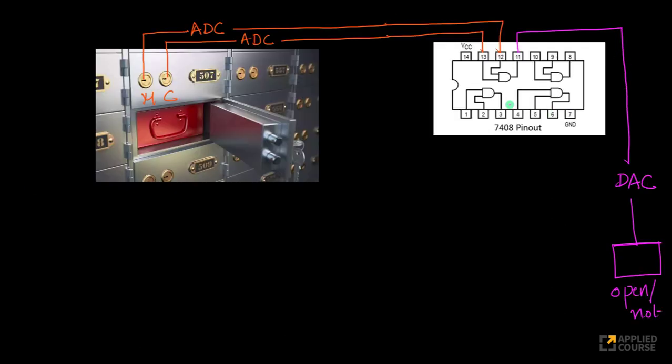So now the whole logic will work as follows. For the physical locker, the manager inserts the key, and the customer inserts the key. As soon as the manager inserts, there is an analog to digital circuit which says if the key is valid, it will generate 1, or else it will generate 0. Similarly, for the customer key, there is another analog to digital circuit very similar to the previous one, which generates valid or invalid.